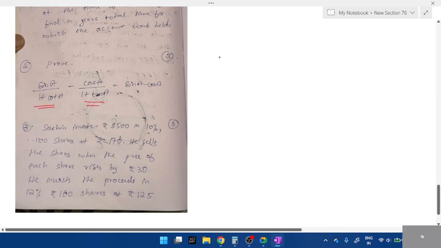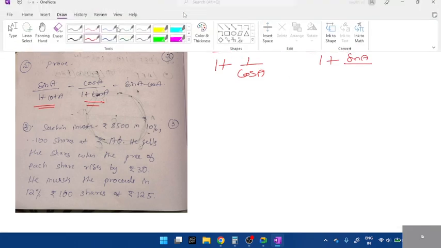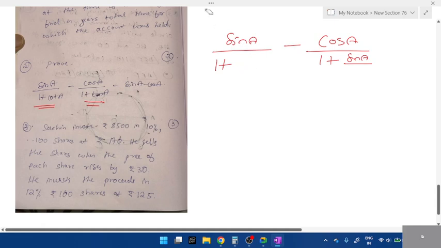How do you take LCM when both are different? No, no. First you have to convert, right? 1 plus. Yes, sin A by cos A.